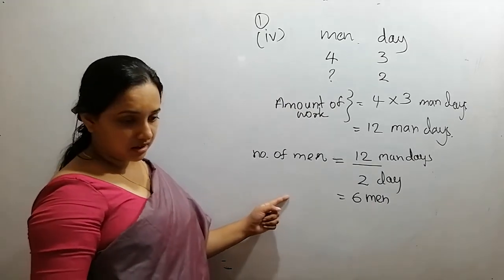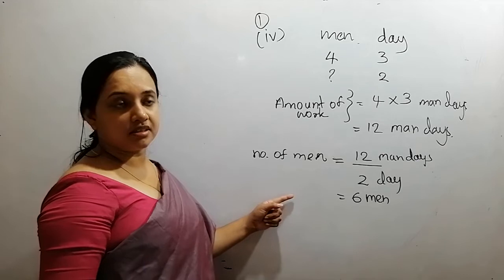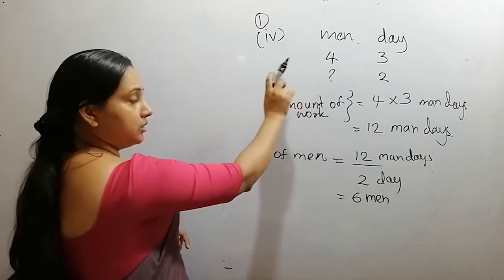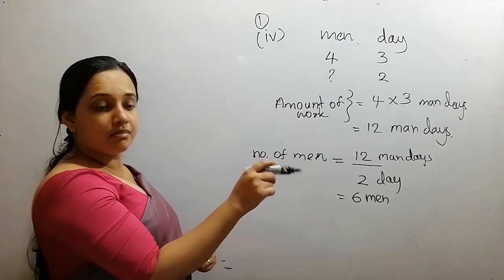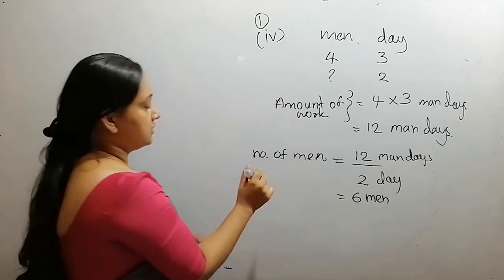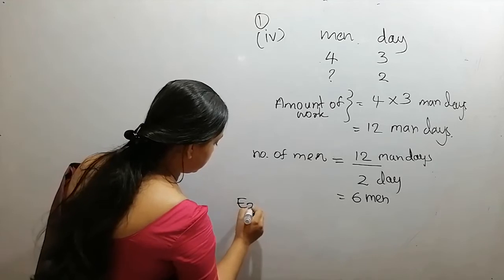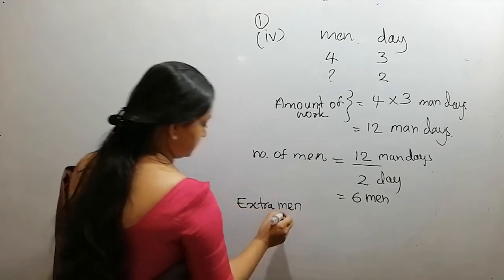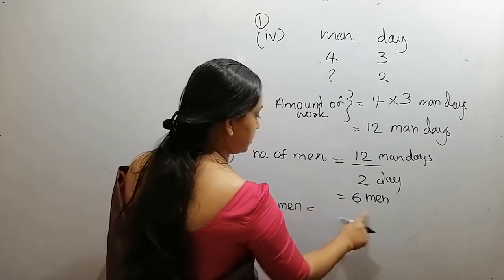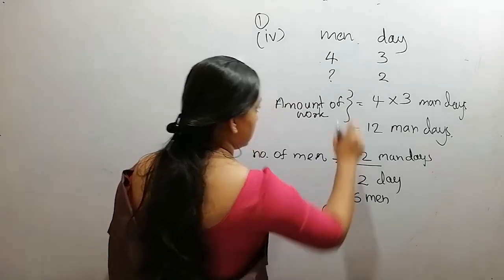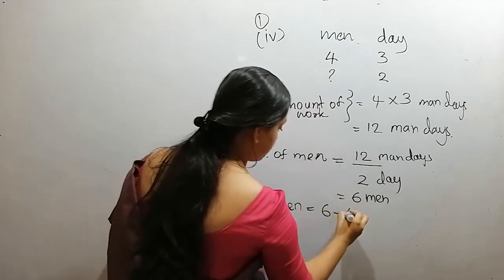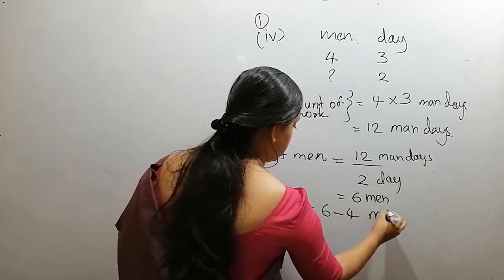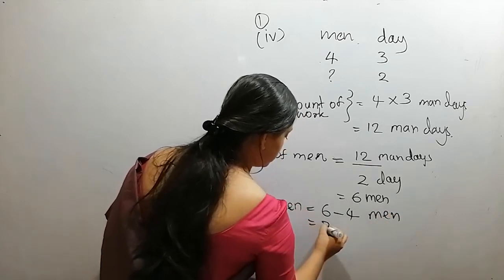But if the question asks how many more men needed, that means we have to calculate. Already there are 4 men. We have to calculate how many extra men will be needed. Then extra men needed: the total is 6. Then already there is 4. Then 6 minus 4 is the extra men needed. It is 2.